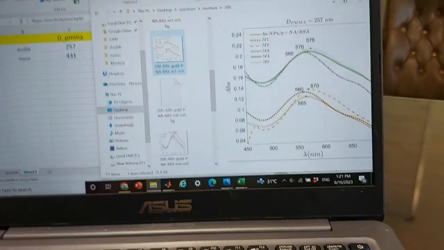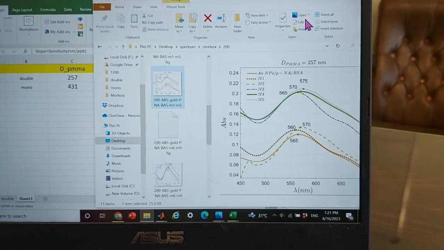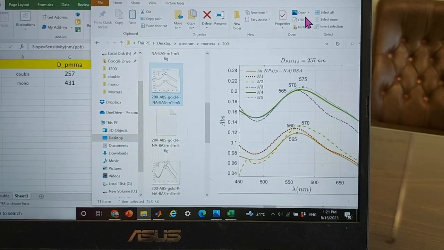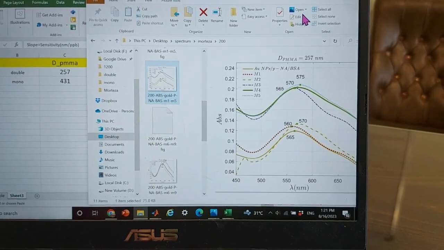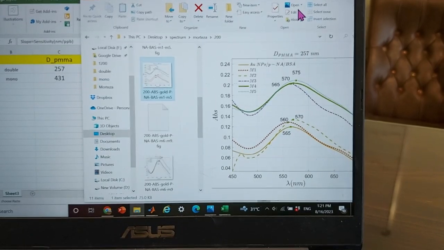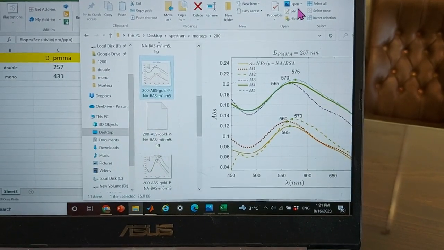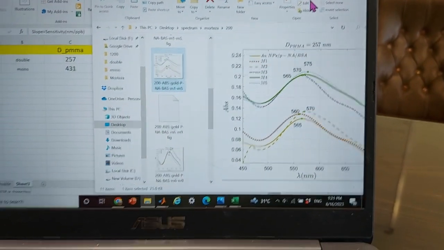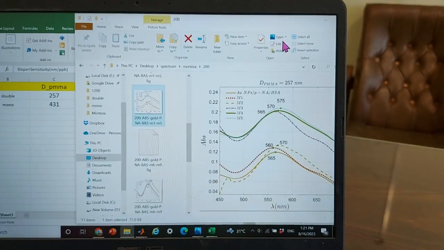I was expecting that 1200 would have the highest sensitivity because it was so organized. It was my expectation, but it says no, because the nanoparticles are so far from each other.